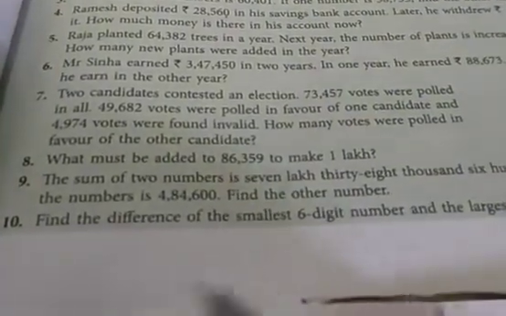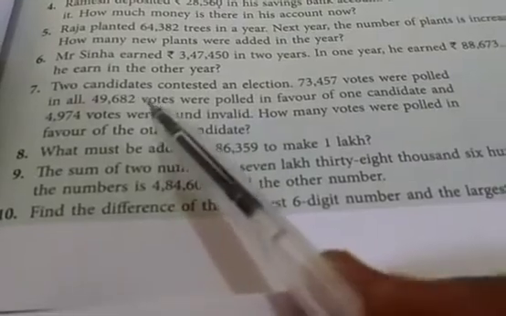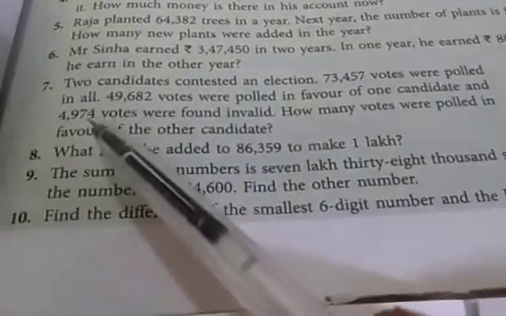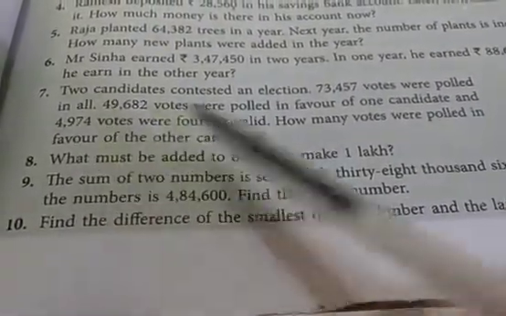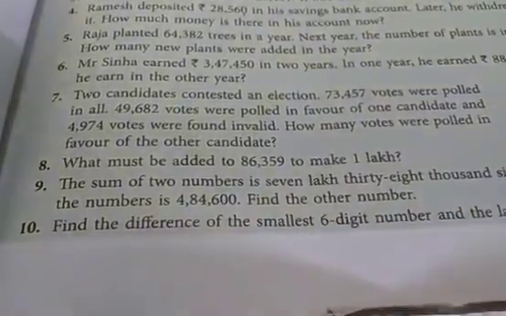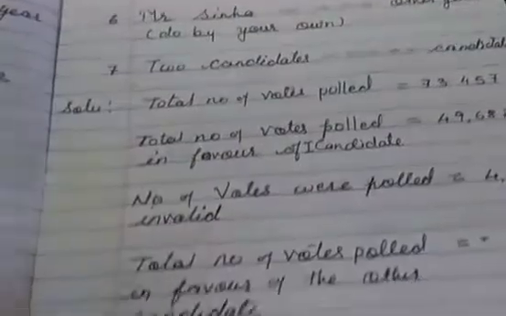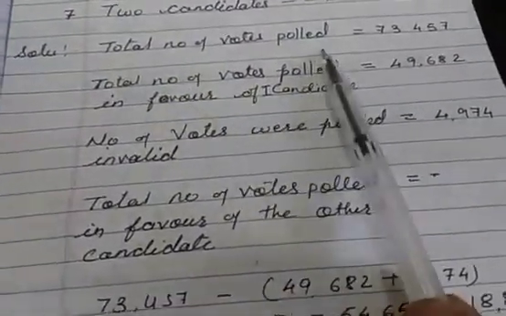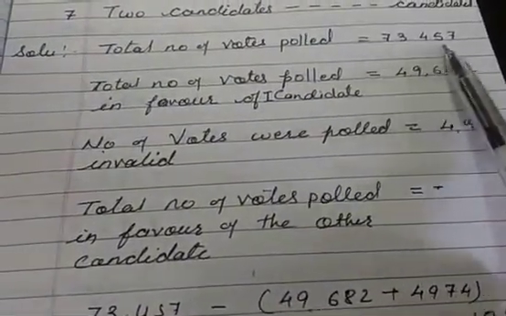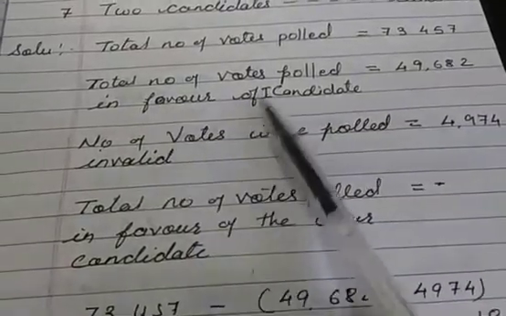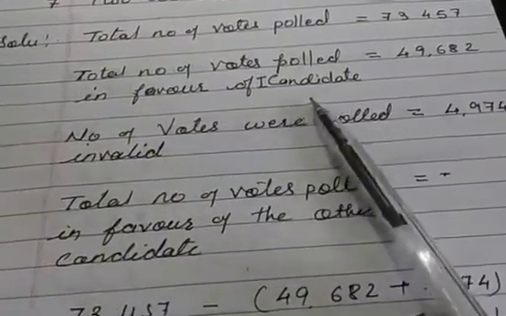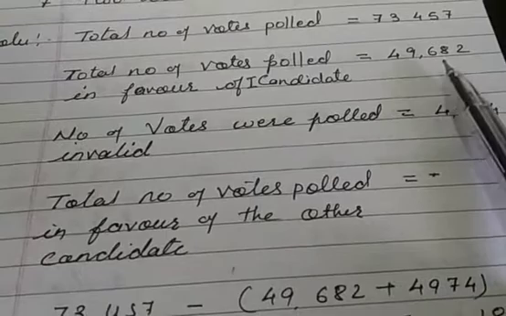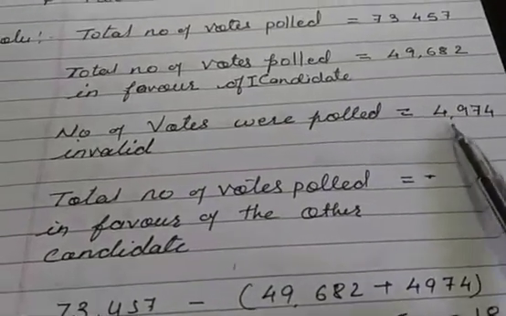So what we will do, instead of subtracting these two numbers separately, first we are going to add these two numbers. Then the sum we are going to subtract from 73,457. Total number of votes polled is 73,457, and the number of votes polled in favor of the first candidate is 49,682, and these were invalid.